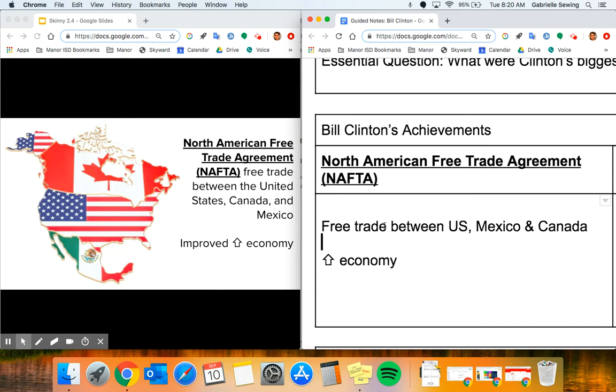The result of that is all of our economies grew. All of our economies got a little bit better because we're not paying these extra fees to trade with one another. So it definitely encourages business to move between our countries.